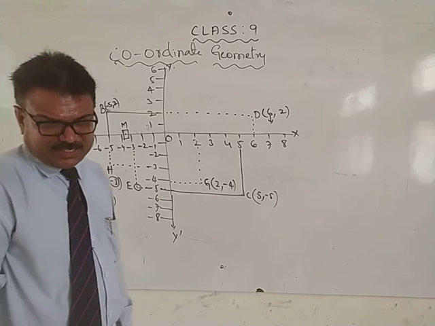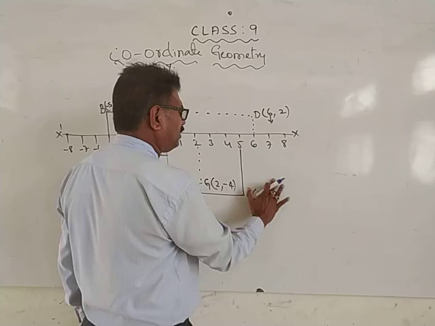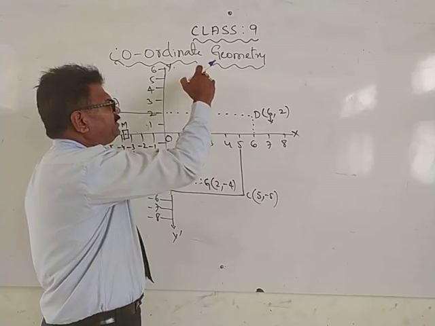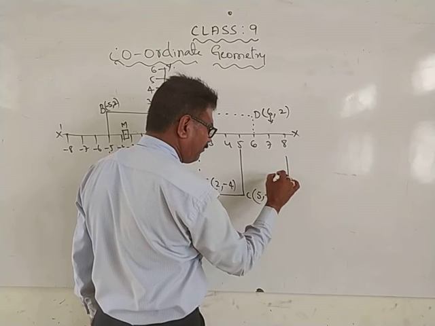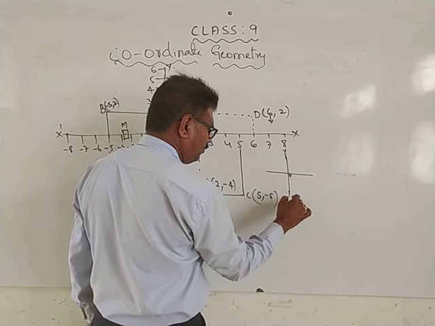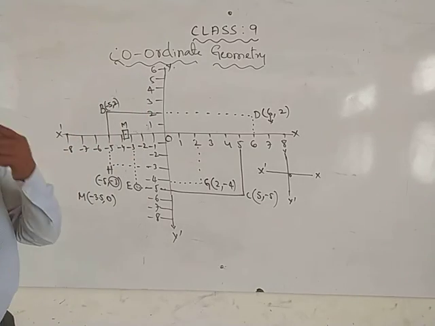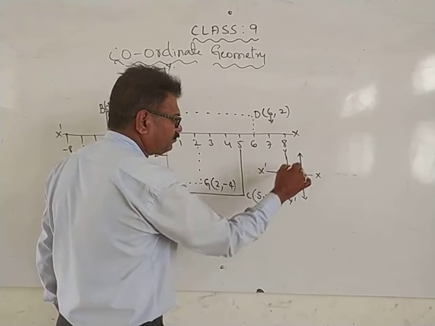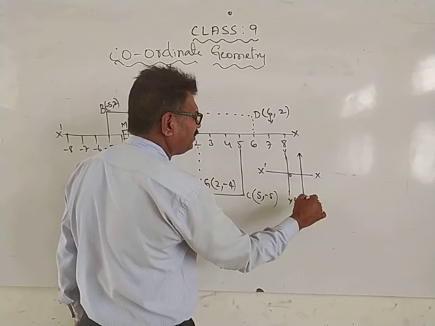One more point I should tell. For example, if they ask you to write the equation for the straight line. Straight line means maybe like this or maybe like this. See for example, Y dash, O, Y, X dash and X. If a line is parallel to the y axis, then whose value will be constant?